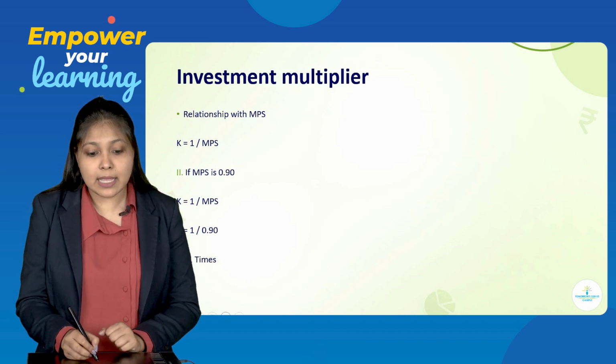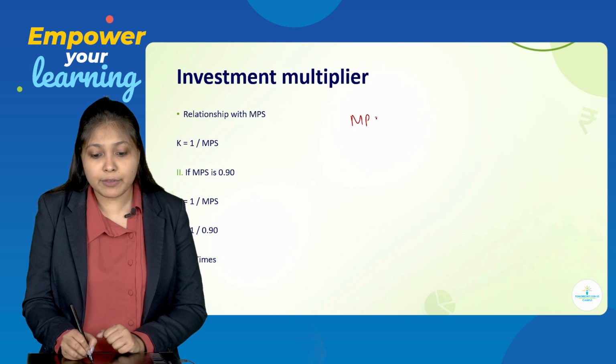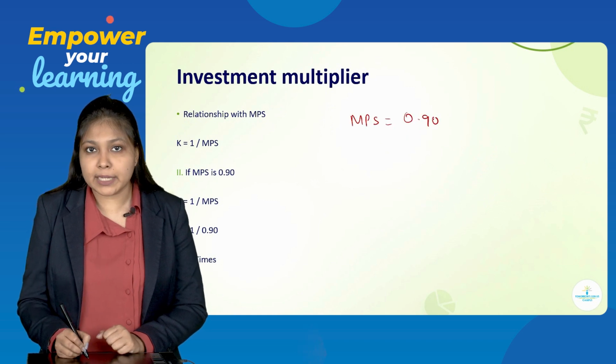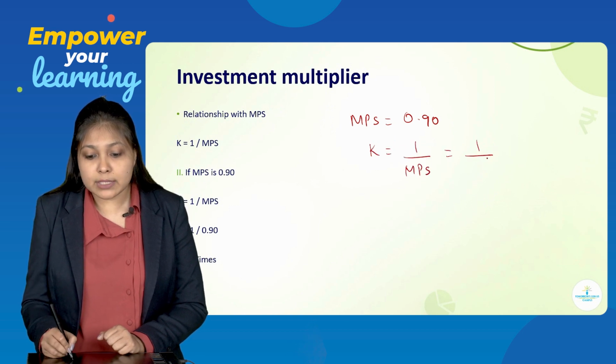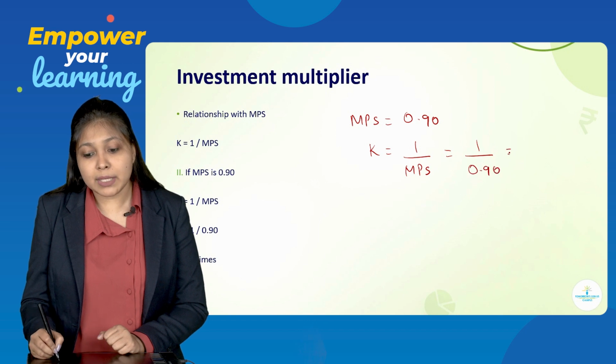Whereas in the second scenario, I have assumed the value of MPS as 0.90. So the formula is K equals 1 upon MPS. That means 1 upon 0.90, that means 1.11 times.